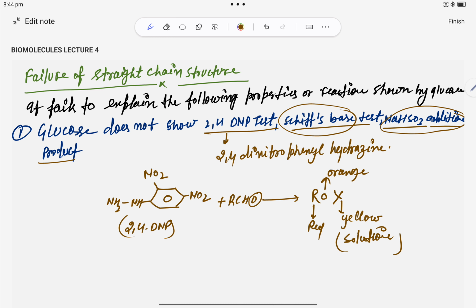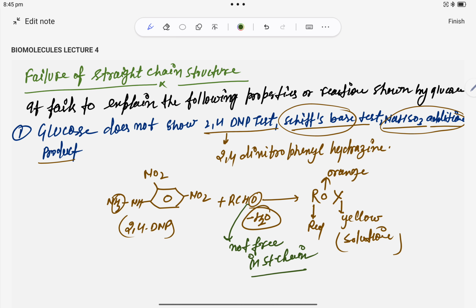This oxygen and these two hydrogens from here, a water species is removed, and it will form either a red, yellow or orange colored solution, which is not possible in the straight chain structure of glucose because that O is not free in the straight chain. Okay, that is the first reason.